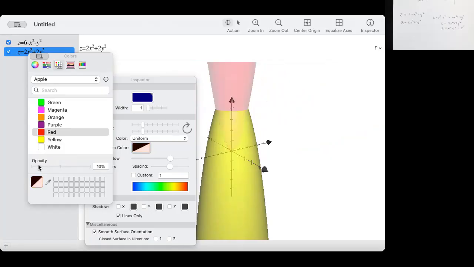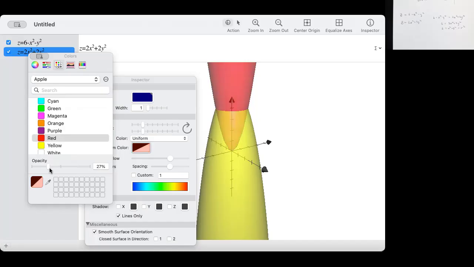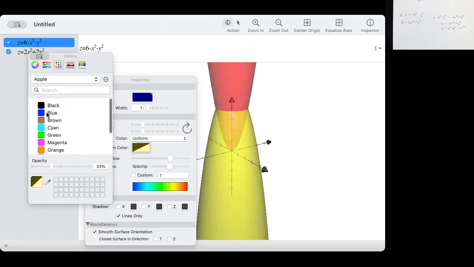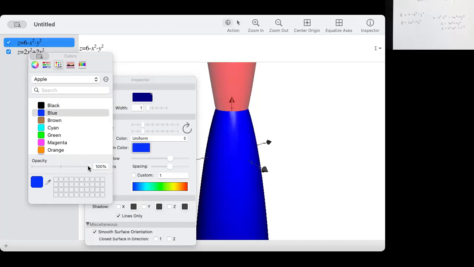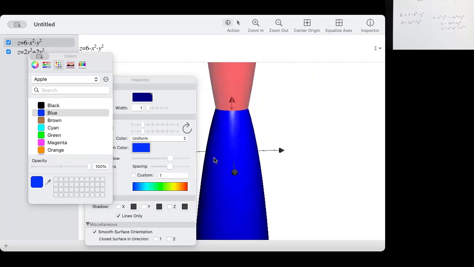Can't see the yellow one at all in there. Colors must be wrong. It's too hard to see. I've picked another color. Let's make it blue. No, that's the wrong one. Go back. Make this one blue. There it is on the inside. I don't know why I can't see through it. I used to be able to see through them. I don't know. But there you go. Now I can see the two connecting pieces.